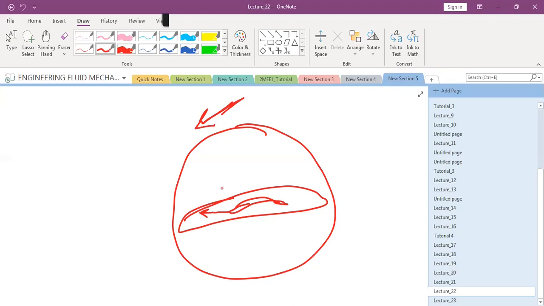So that is why before, during, and after we have stopped the aerofoil, in all three situations, the net rotation of the water in the tank was 0. Is that clear now? Any doubts?